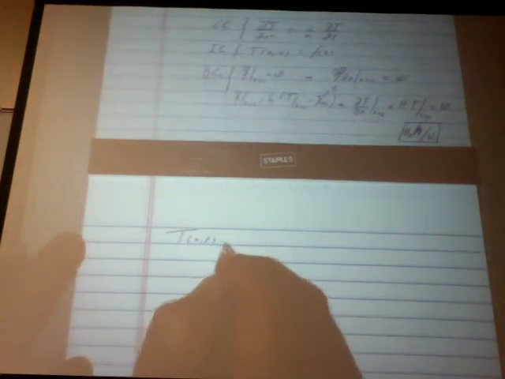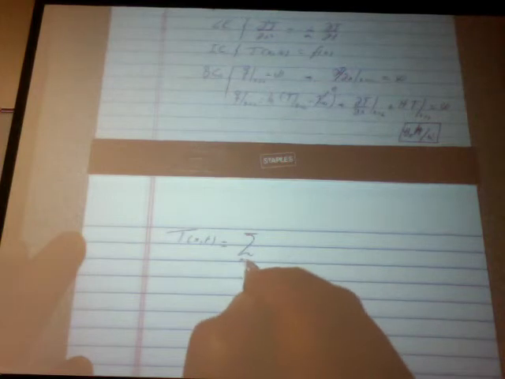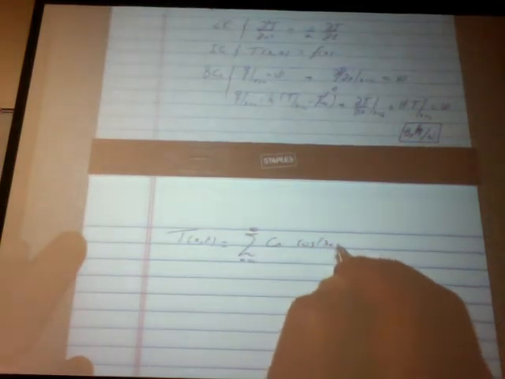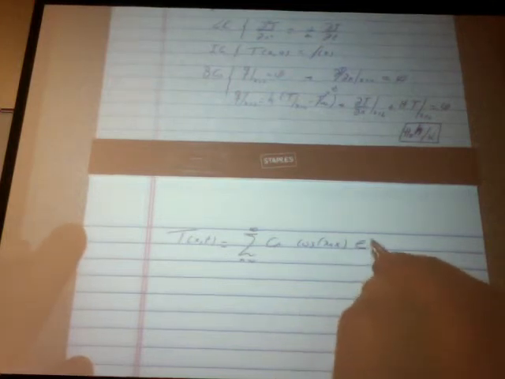We did this problem in class. So the solution is T of x and t is equal to the summation from n equal 1 to infinity of Cn cosine of lambda n x e to the minus alpha lambda n squared t. That's the solution, such that the eigenvalues satisfy this relationship. Those are the implicit eigenvalues.